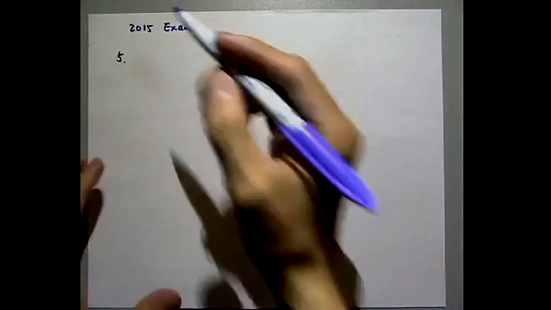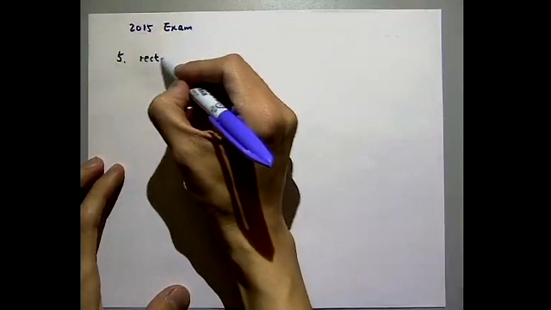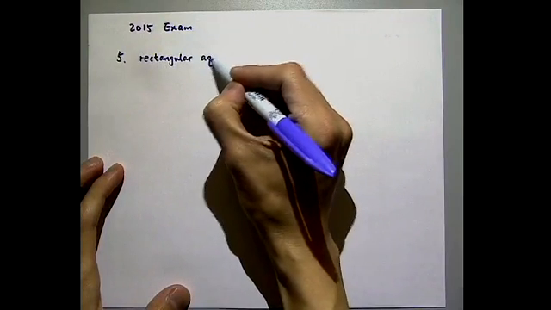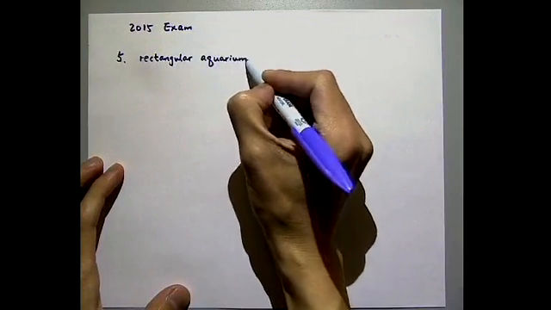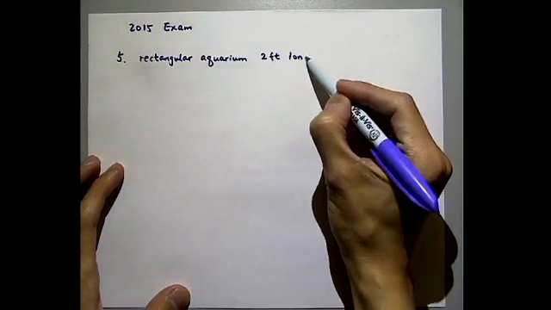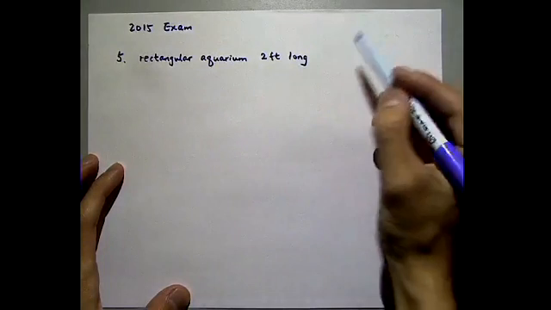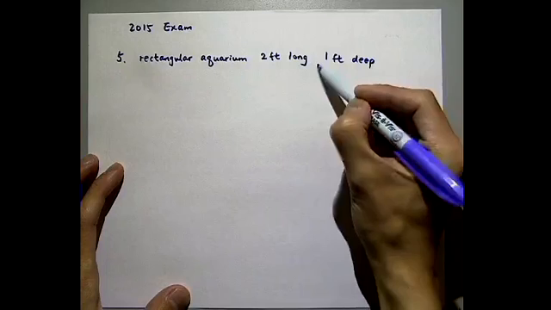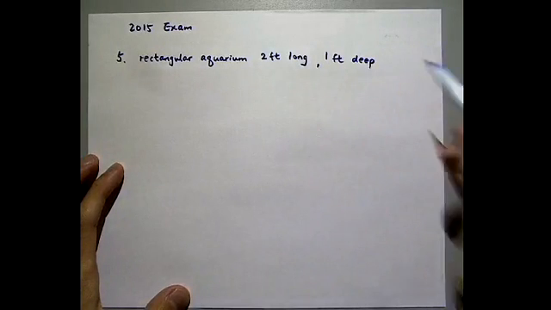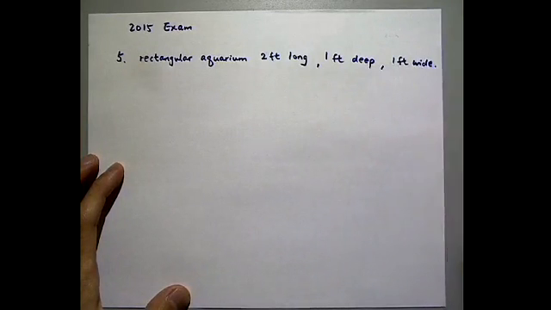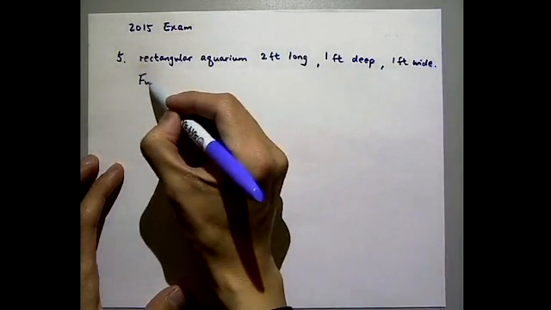In number 5, we got this rectangular aquarium that's 2 feet long, 1 foot deep, and 1 foot wide, full of water.